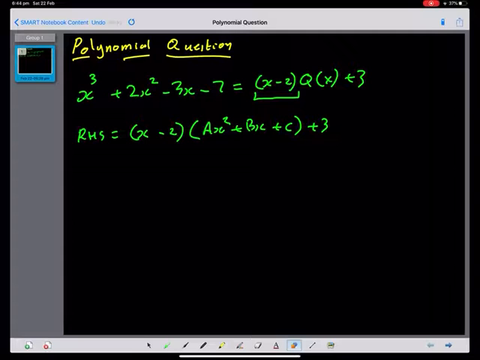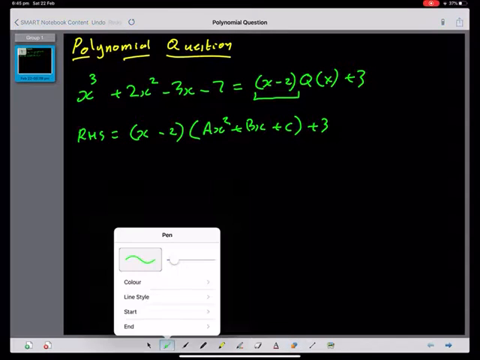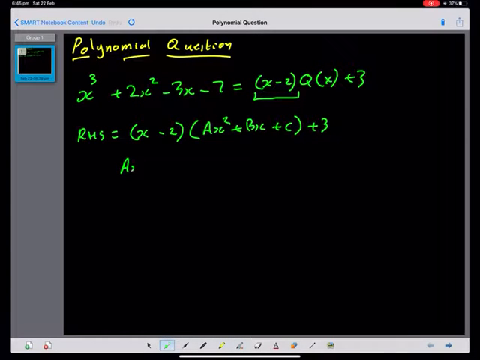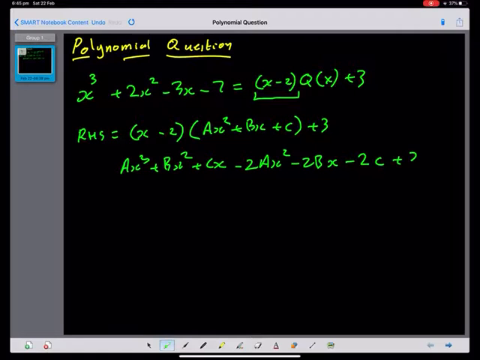So we've got ax cubed plus bx squared plus cx minus 2ax squared minus 2bx minus 2c plus 3.